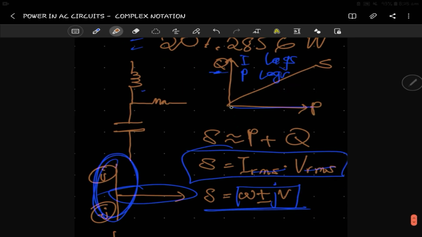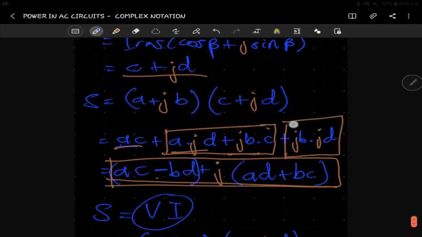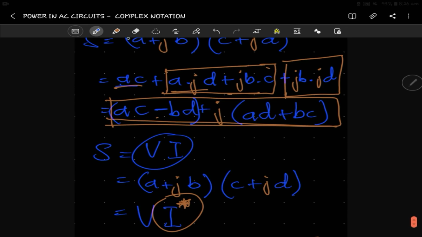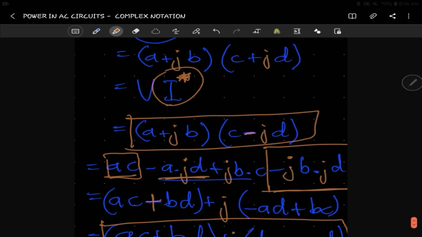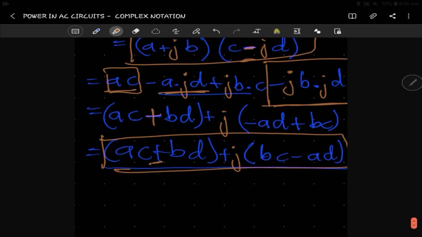But when Q is down, we have a negative Q, and we say that current leads, or power leads. But P is always positive. So that's why this representation is not favorable. That's why we conjugate this, and we have a minus here, and then we end up getting this form, which is the accepted one.